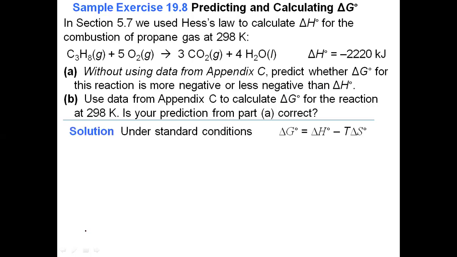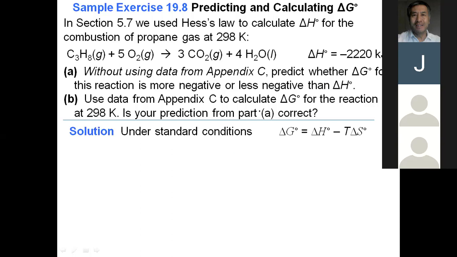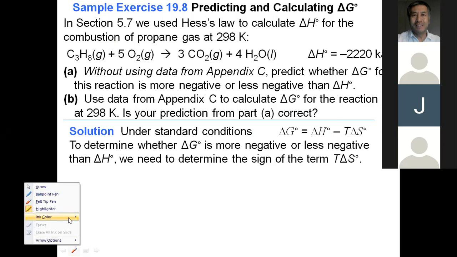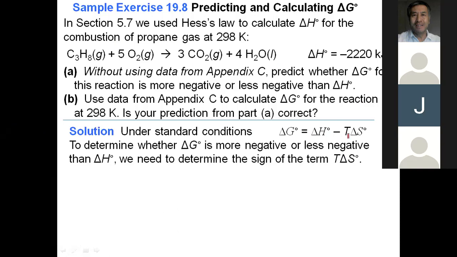We use this equation to answer those questions. This equation tells us delta G equals delta H minus T delta S0. To compare this delta G with delta H, you just think about what this term will do.